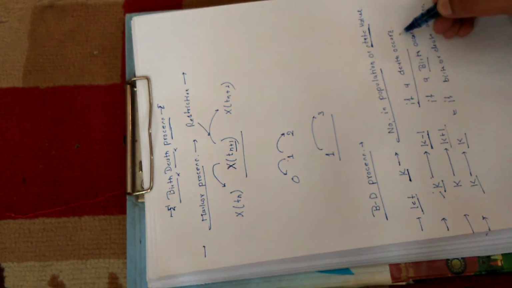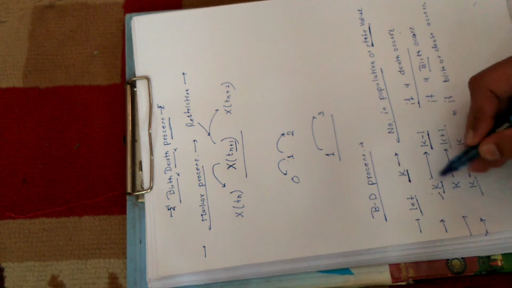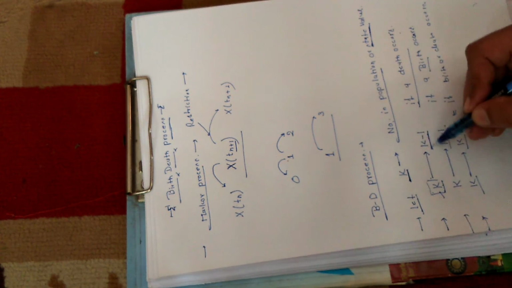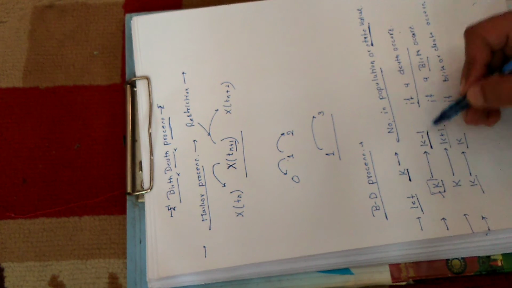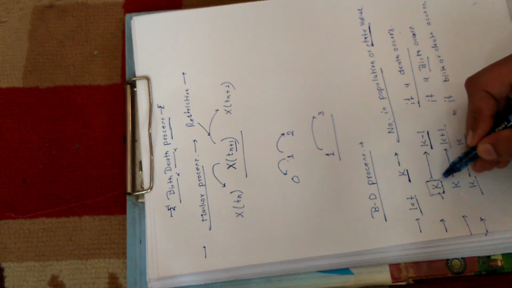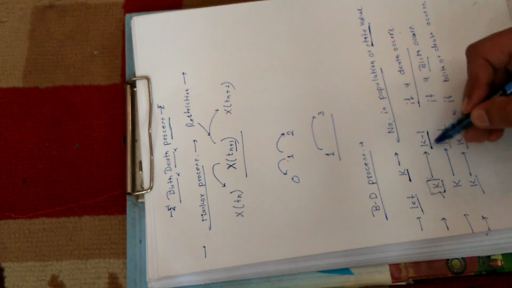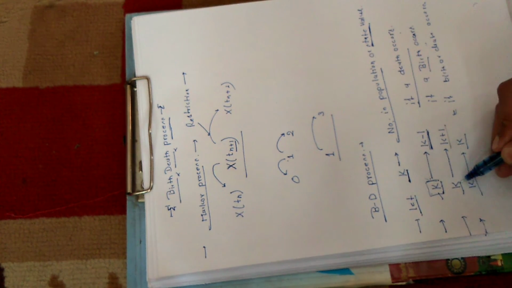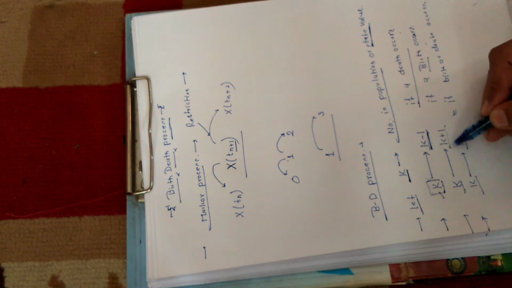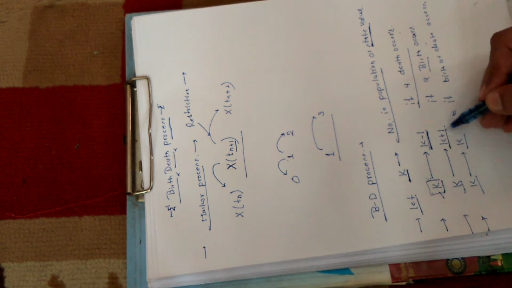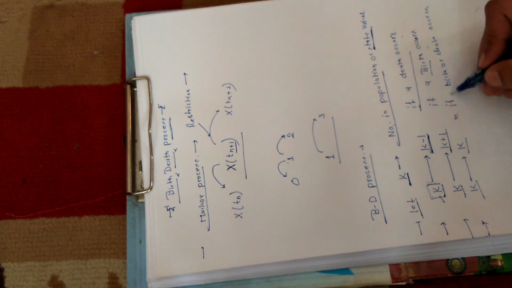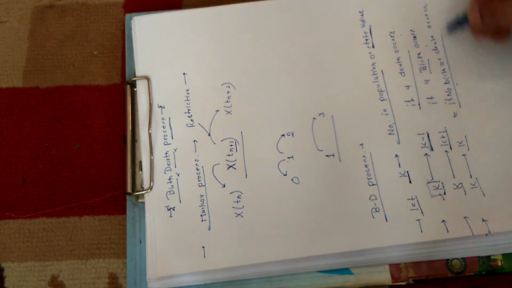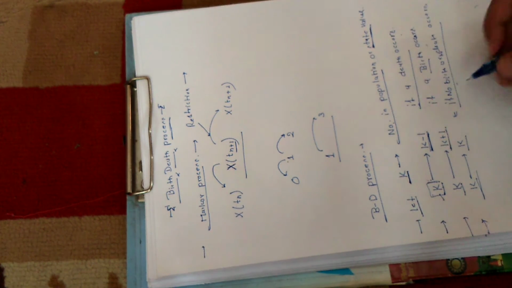So whenever a death occurs, if the population is k, then it goes to k minus 1, or we can say the state k goes to k minus 1. If birth occurs, then the population or state k goes to state k plus 1. If no birth or death occurs, it means no change of state.